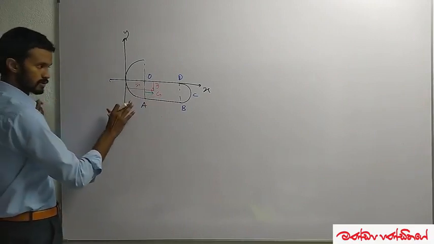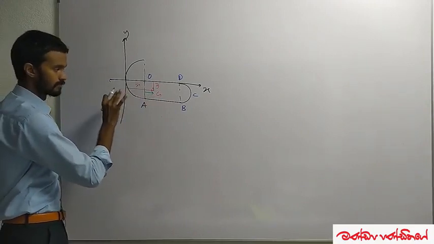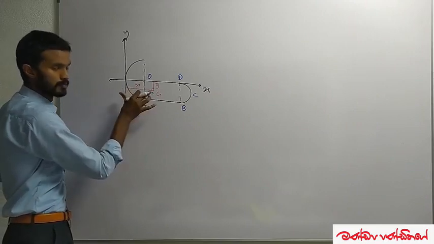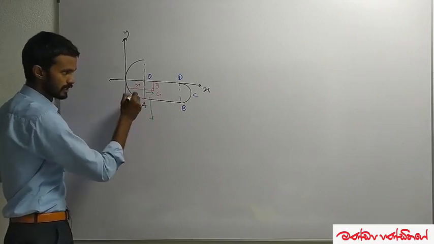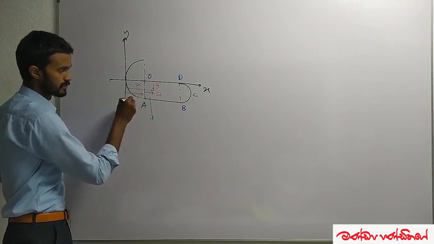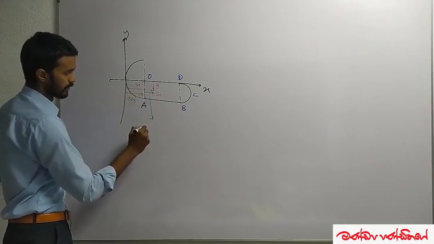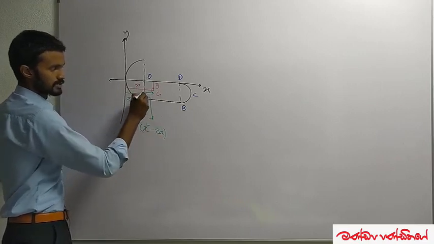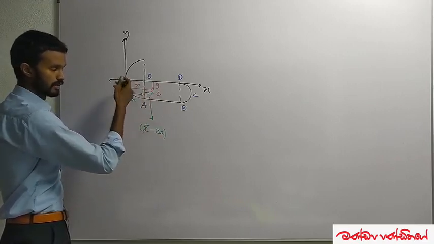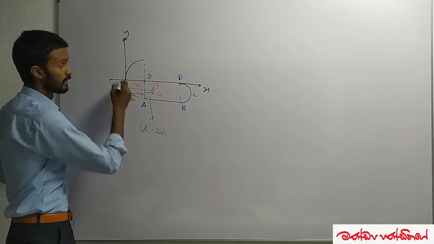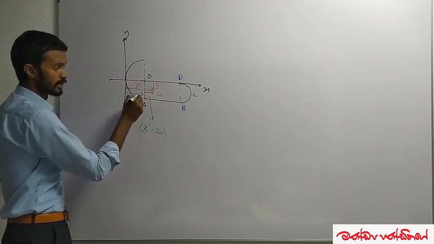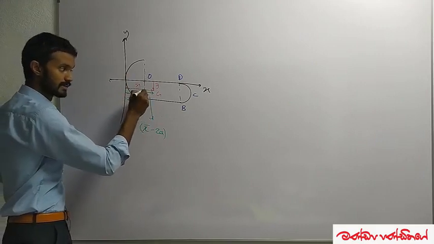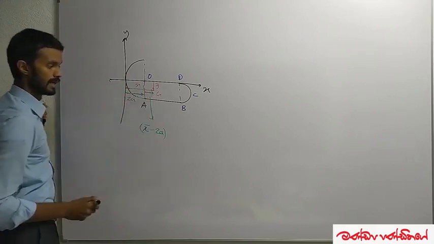So if somebody draws a diagram like this and finds the center of gravity as x bar, then to find the final answer, they have given the radius 2a, so I have to subtract 2a from x bar, because they are asking the distance from AO. So I just found the distance from the y-axis, which is x bar. So I had to subtract this radius 2a from x bar to get the distance to the center of gravity from AO.